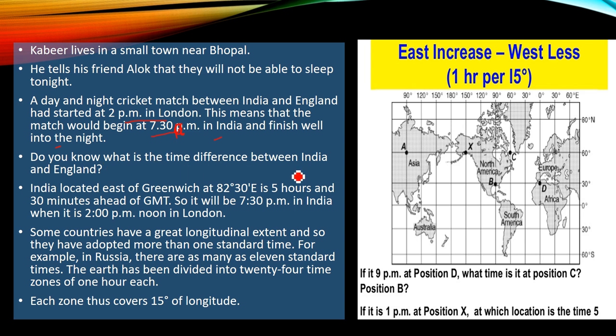Do you know what is the time difference between India and England? Now, India located east of Greenwich at 82 degree 30 minutes east is 5 hours 30 minutes ahead of GMT. So we are plus 5:30.